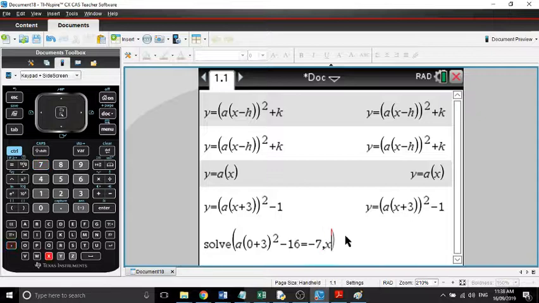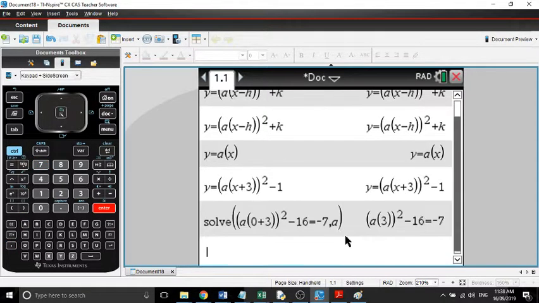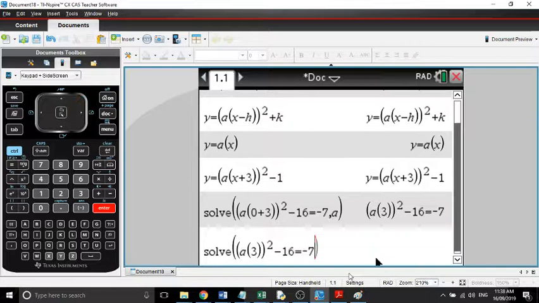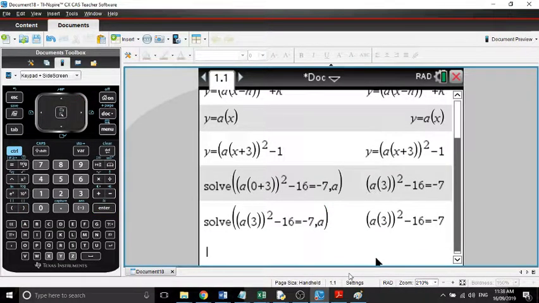We're solving that for a. That's incredibly frustrating. Okay, we'll have to solve it manually.